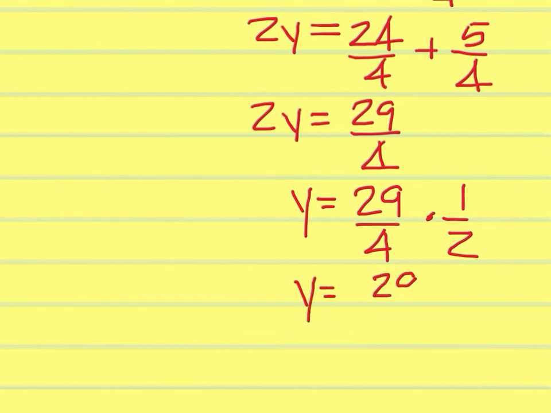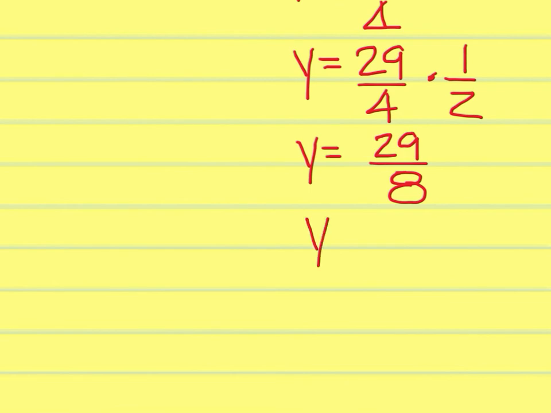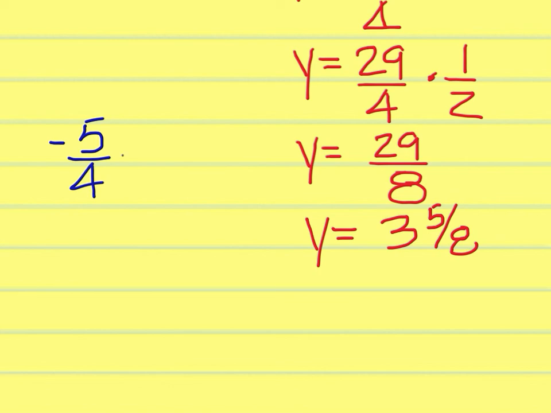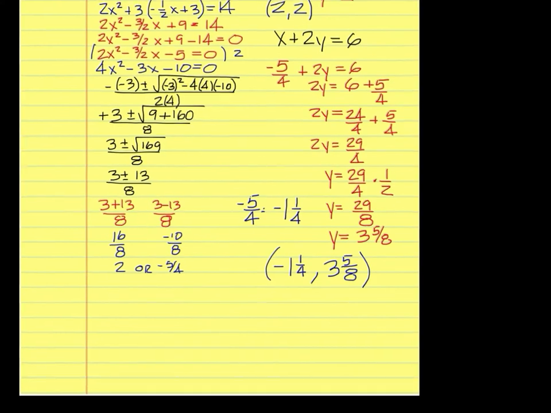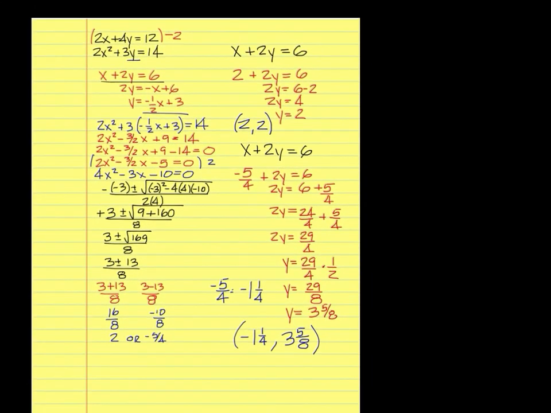So that is 29 over 8. And now we need it as a mixed number. 8 goes into 29 3 times with 5 left over. 3 and 5/8. And remember, I put in a negative 5 over 4, which is the same as a negative 1 and 1/4. And I came back with 3 and 5/8. So your two answers can be found here and here.